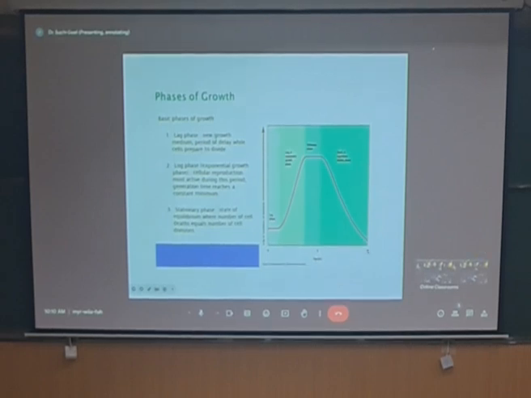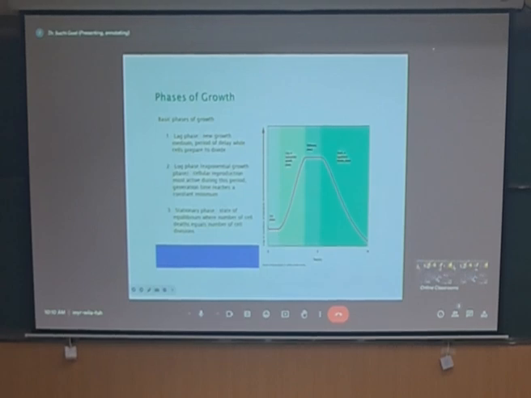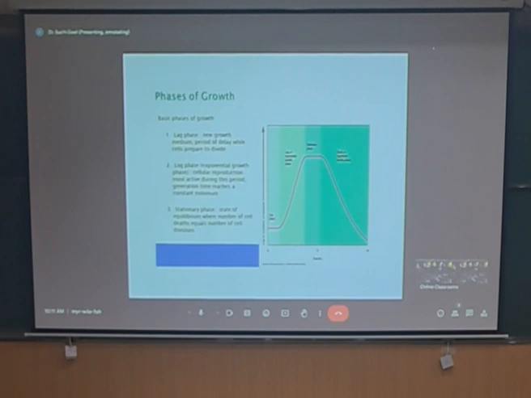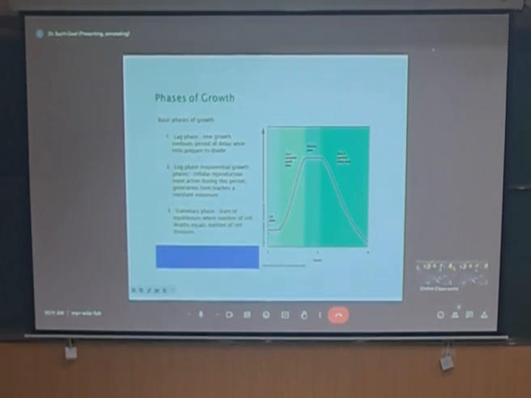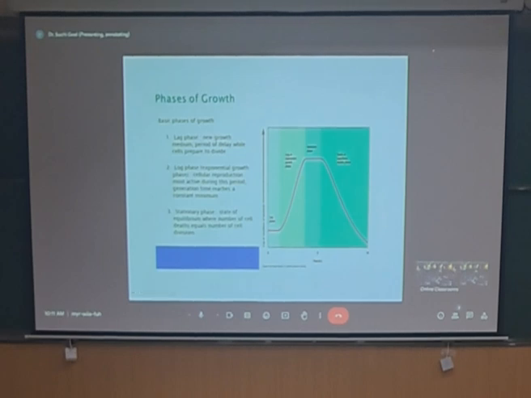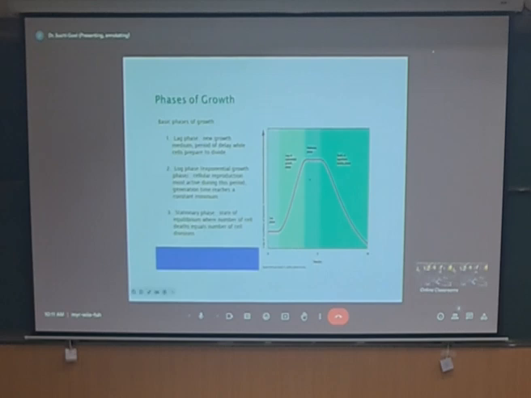In this case, I will not see any growth of bacteria. My graph is very flat here. But remember, that doesn't mean that my bacteria is not growing here. My bacteria is growing, but my numbers are very constant. I will explain to you in a bit why it is so.